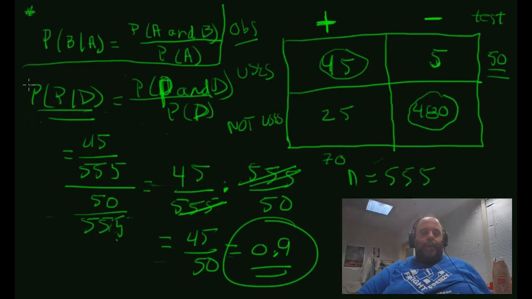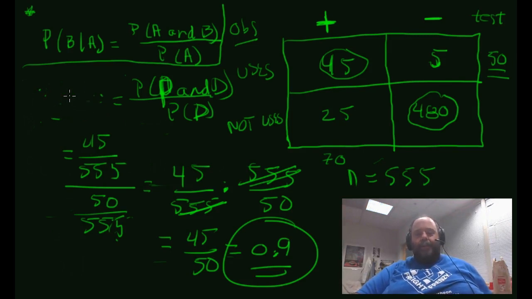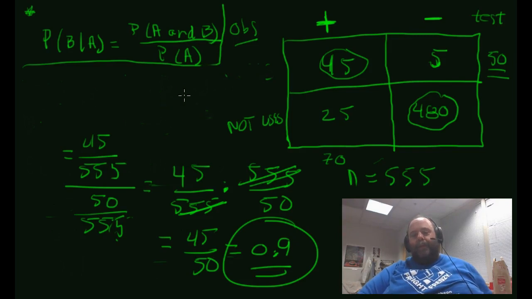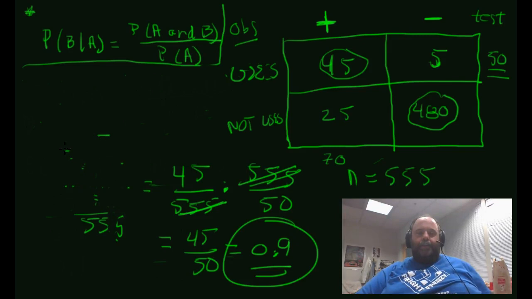So let's see if it works with the D given P, and does that give me that 64.3 again? So let's clear some space here. Oops, I didn't want to get rid of the uses there. That's the people who use drugs. That's still part of the table. All right.